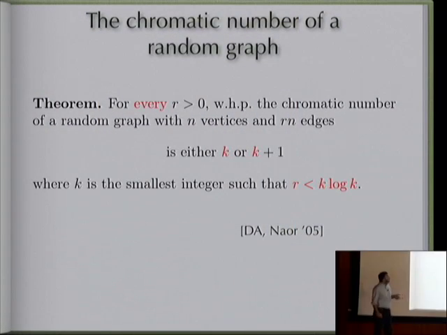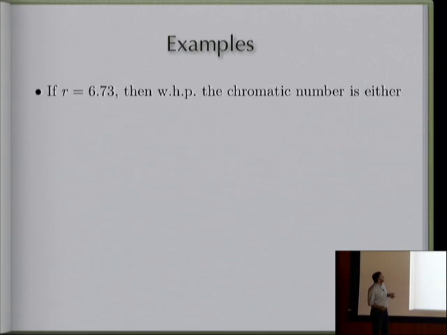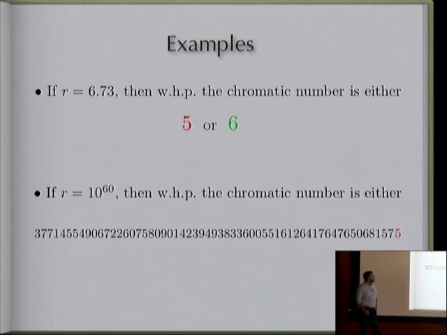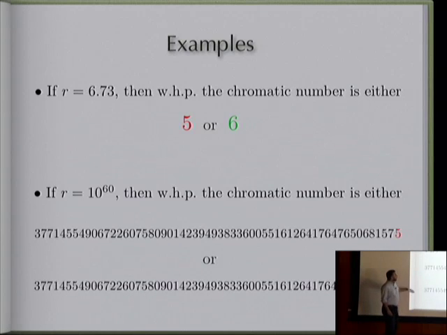So as an example, if you tell me that the ratio of edges to vertices is 6.73, then with probability that tends to 1 as n tends to infinity, the chromatic number is 5 or 6. If the ratio is 10 to the 60, then the chromatic number is either this integer or the next. So we really know how many colors it takes to color a random graph.